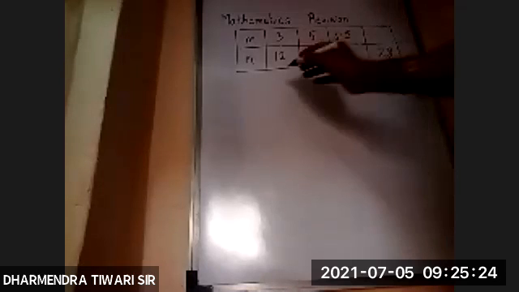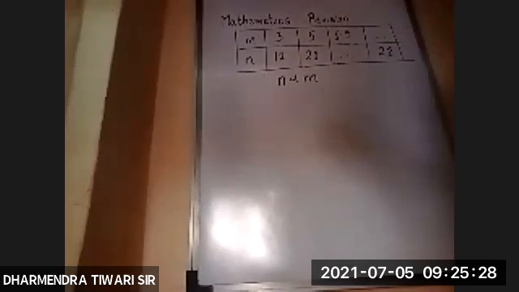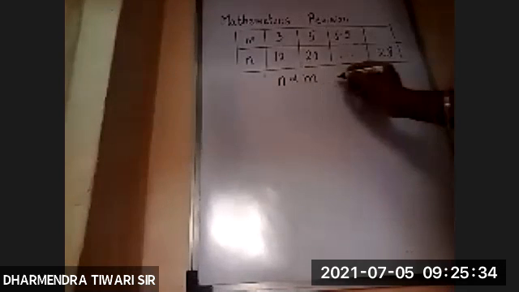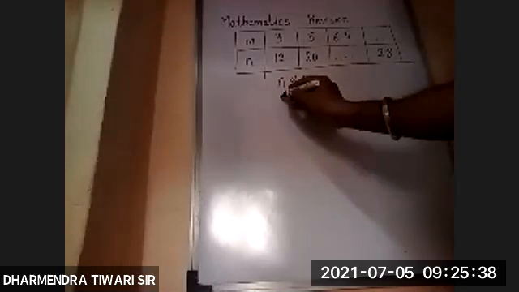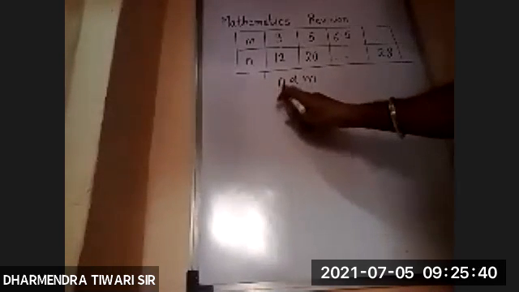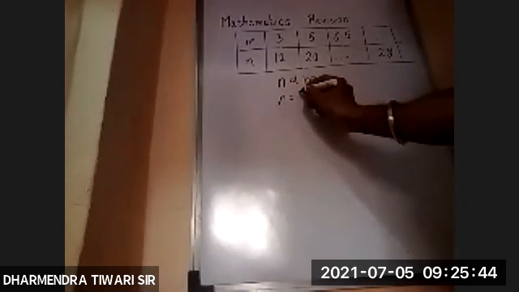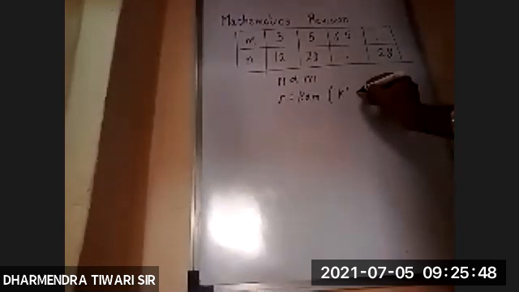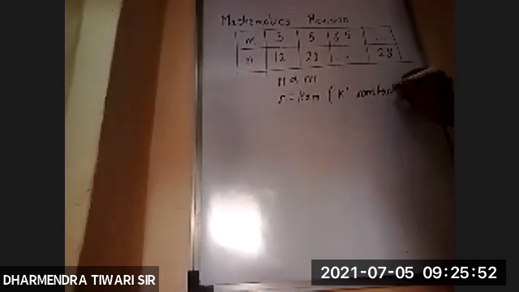Here, what they are saying, n varies directly as m. So you can write this as n equal to k into m, where k is the constant of variation.